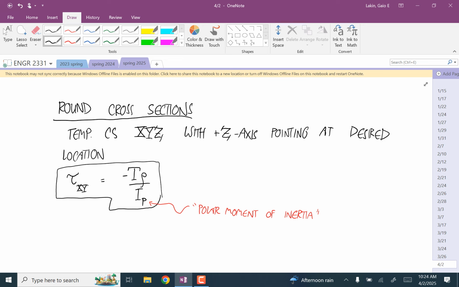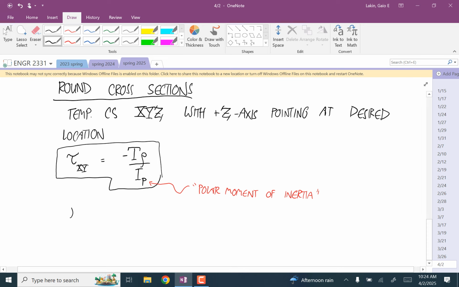This rho is the distance from the centroid to the desired location.